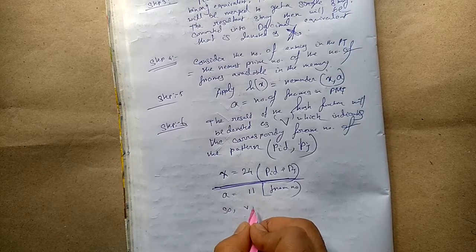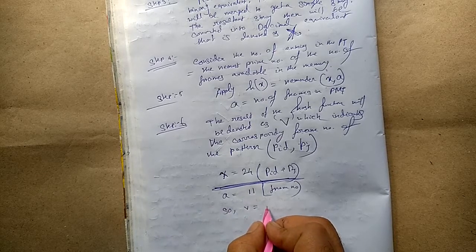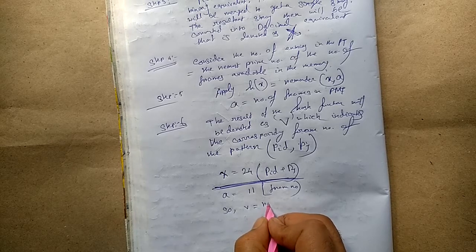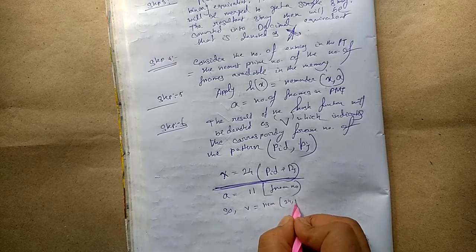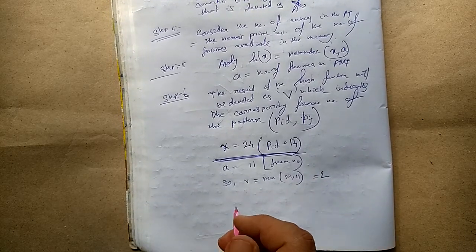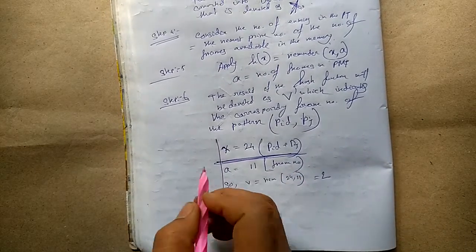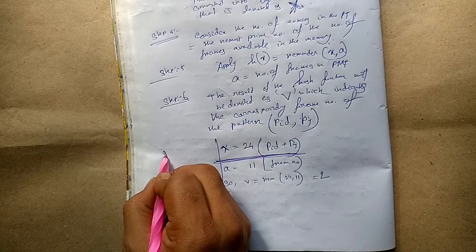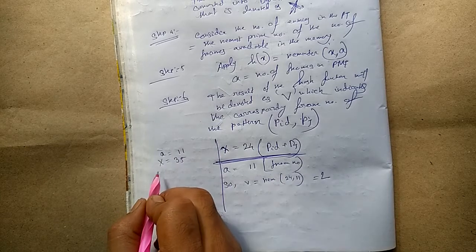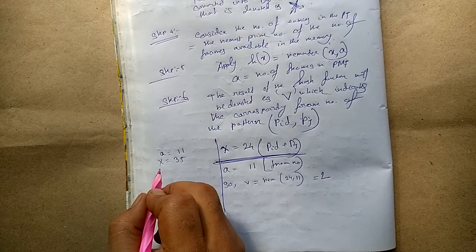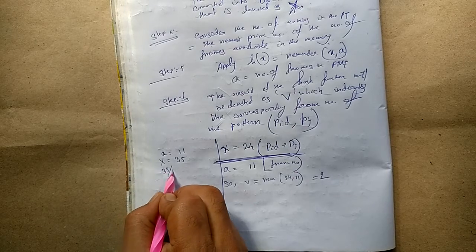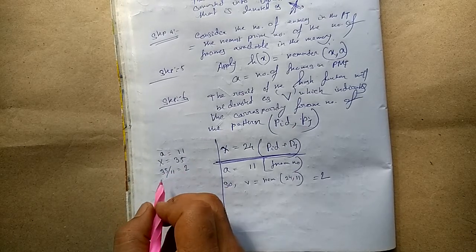So V will be 24 mod 11, that means the remainder will be 2, so we will get 2 as a result. Now in another example, suppose A equals 11, X equals 35, so we will get 35 mod 11, that is also 2.